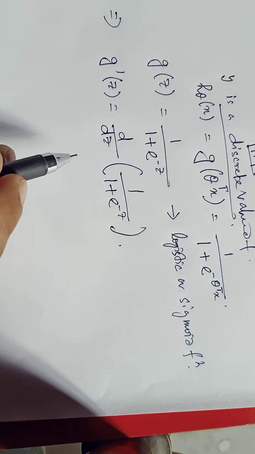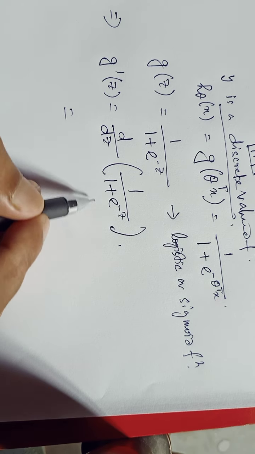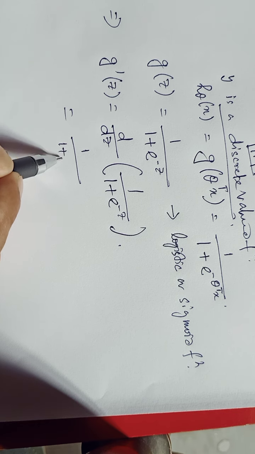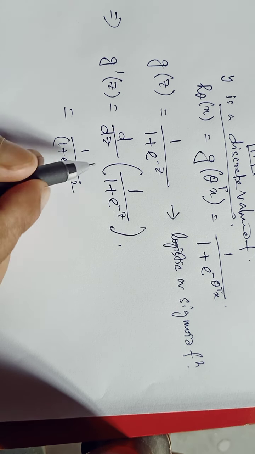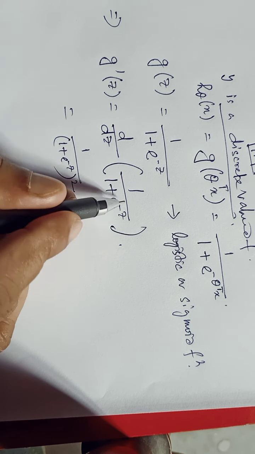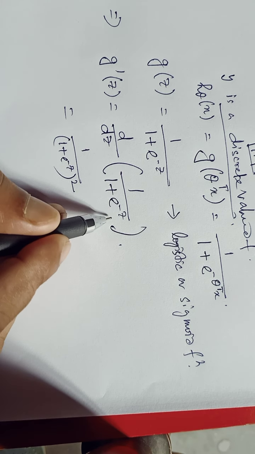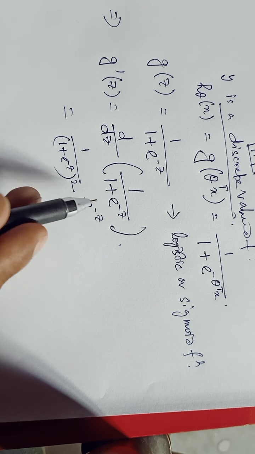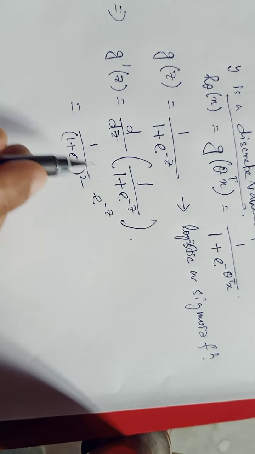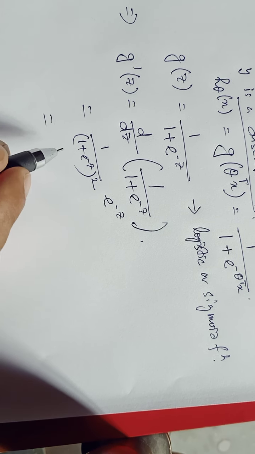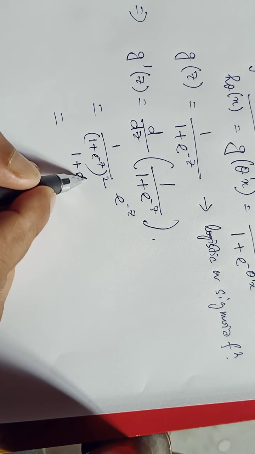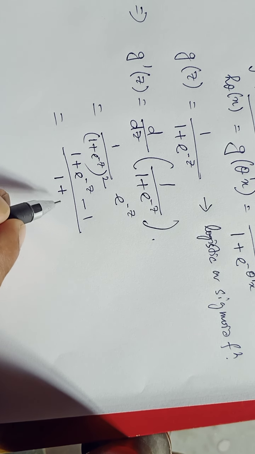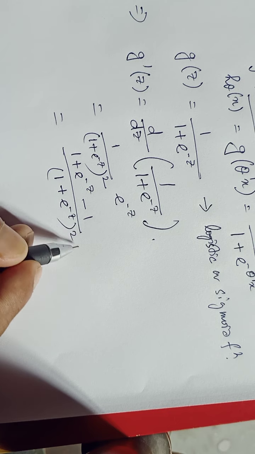As per the rule, it will be minus 1 by 1 plus e to the power minus z whole square, times the derivative of the denominator, where 1 is constant, and the derivative of e to the power minus z. Now we can rearrange this value as 1 plus e to the power minus z minus 1 by 1 plus e to the power minus z whole square.